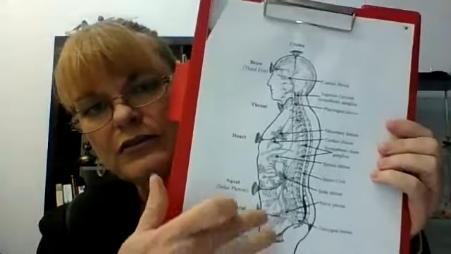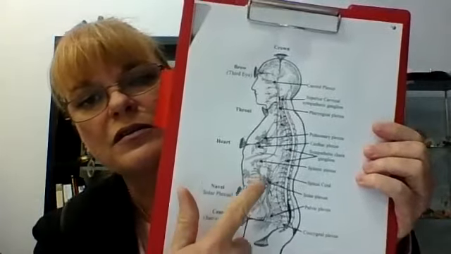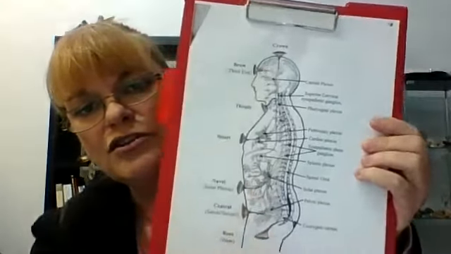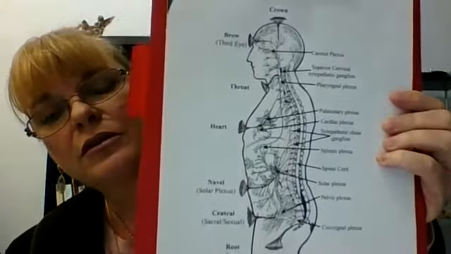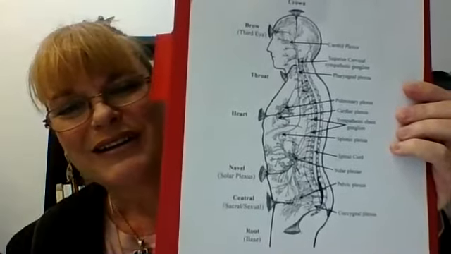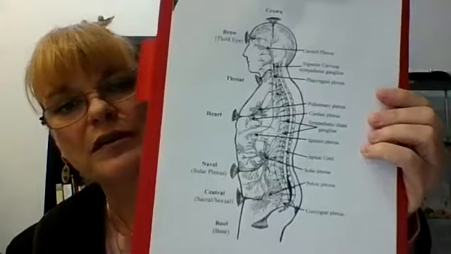And I want to show you what I mean. This is the diagram of the 7 chakra system, and you can see the nerve plexuses that feed each of the chakras. Fascinating. Even tells you the names of the nerve plexuses.